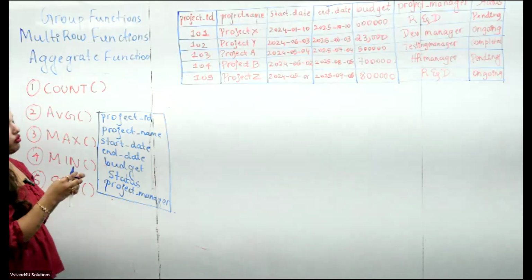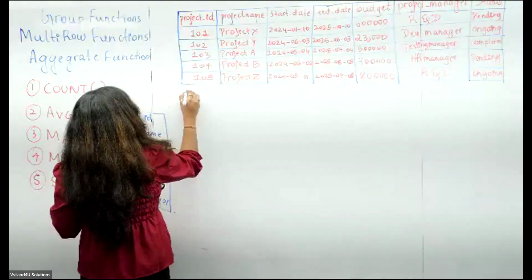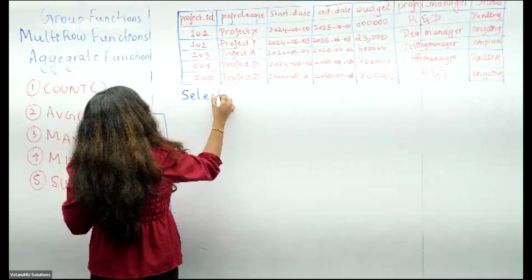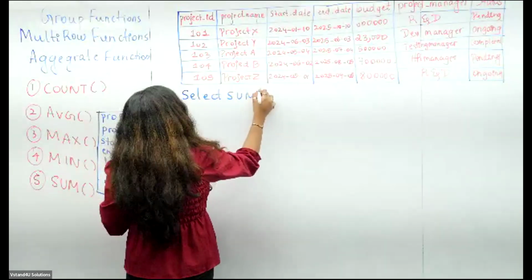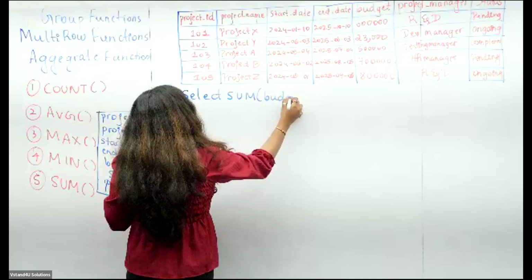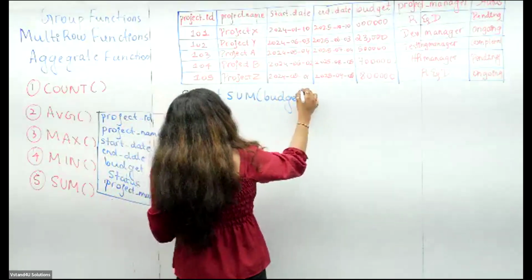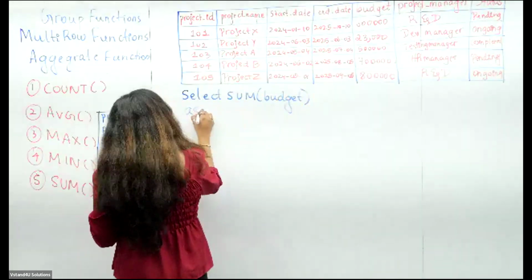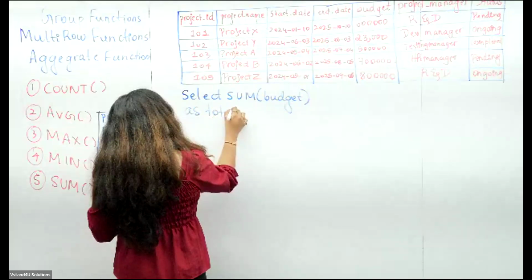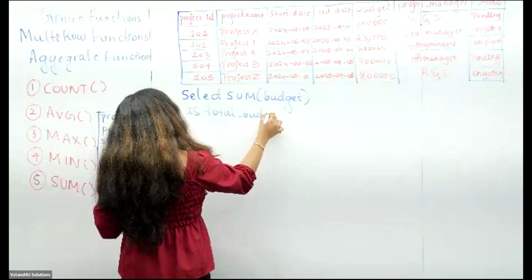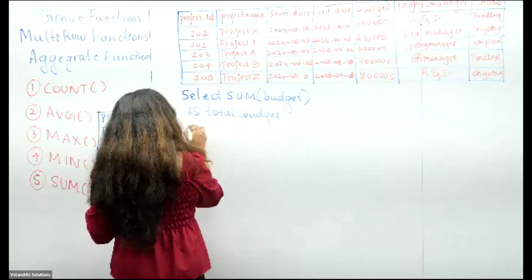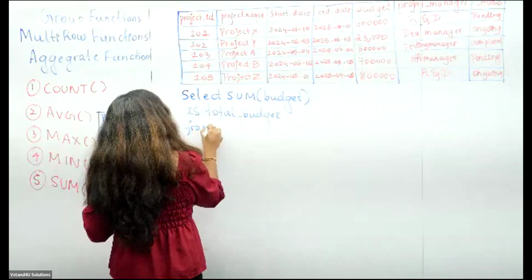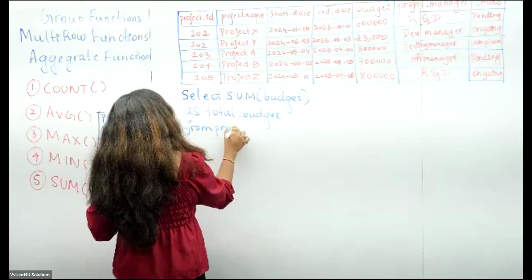Yes or no? So how will you write the query? Select sum of budget as total budget from the table called project. Clear?